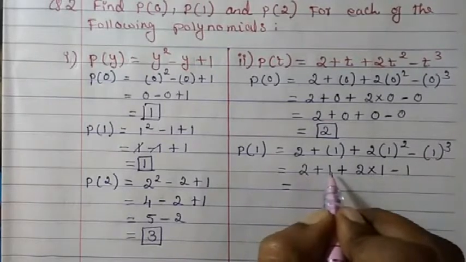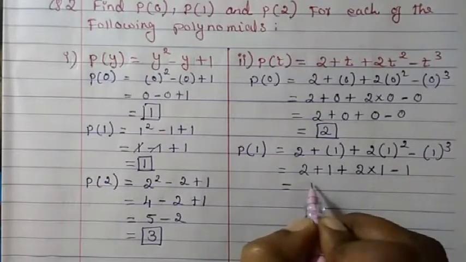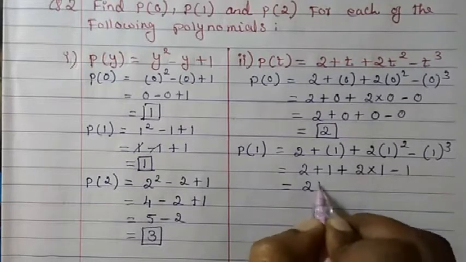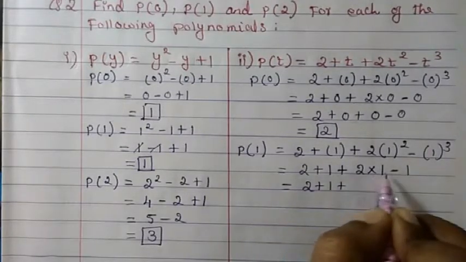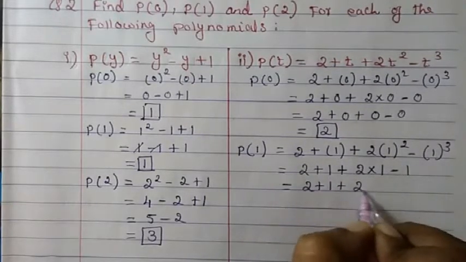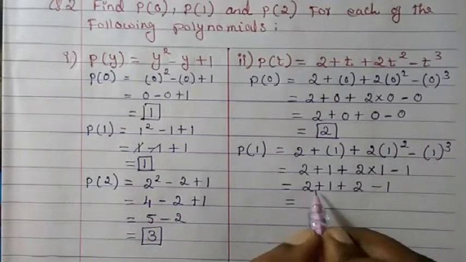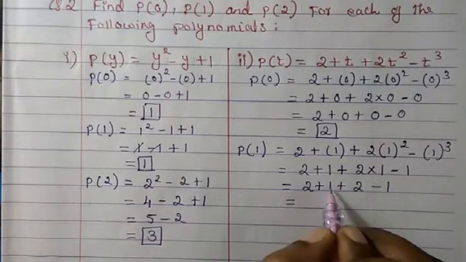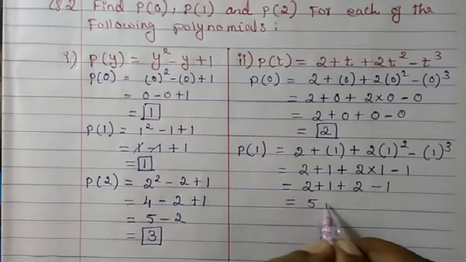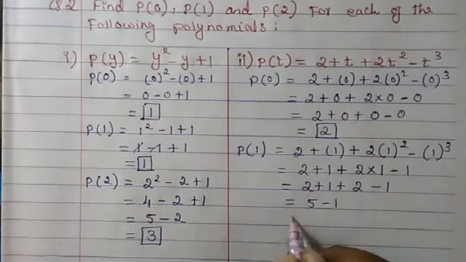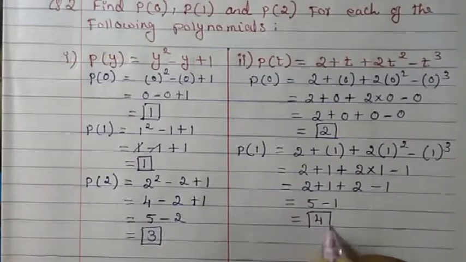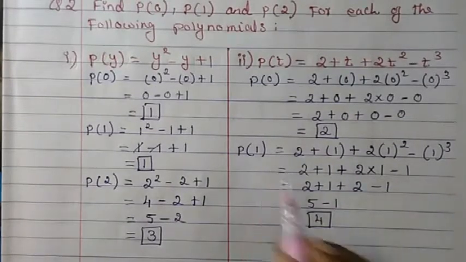So 2 plus 1, 3. I'll write down one more step for your sake: 2 into 1 is 2, then minus 1. Now 2 plus 1, 3, 3 plus 2, 5. Minus 1. Then we get 4 as the answer for P of 1.